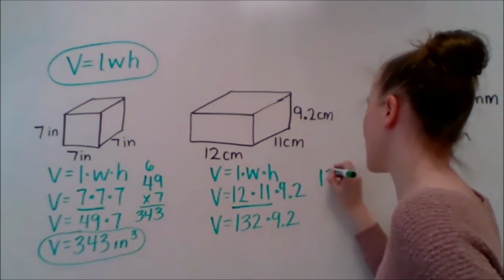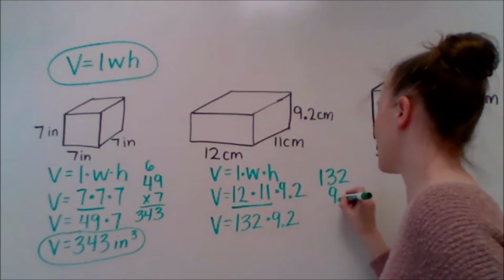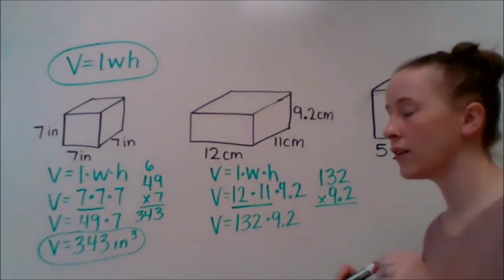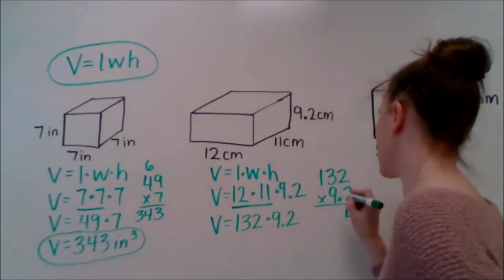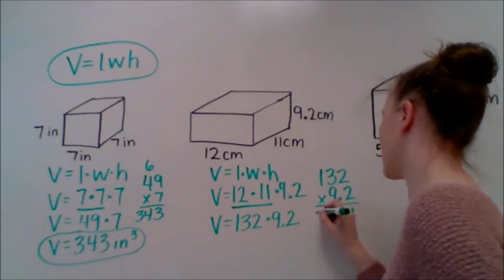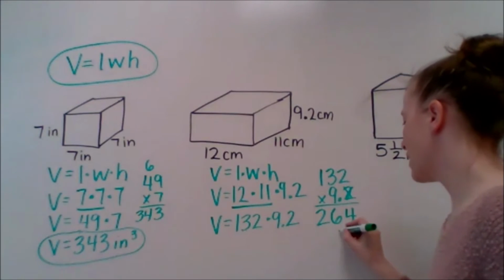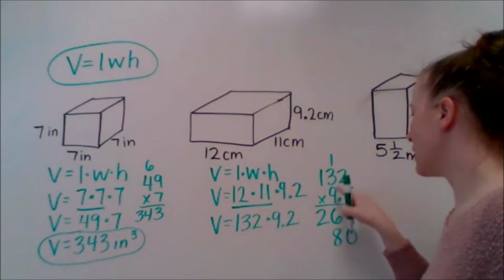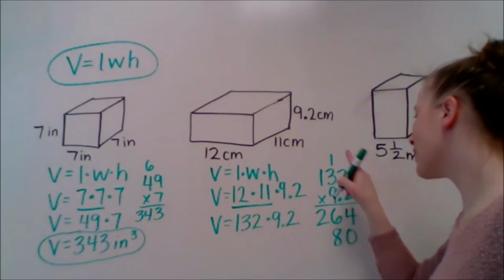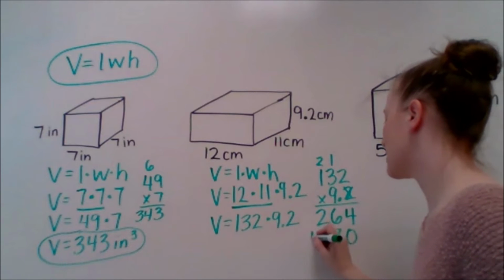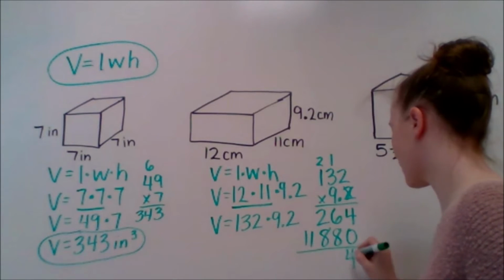I put the longer number on top, 132, with 9.2 down below, and I'm going to multiply. I ignore the decimal until the very end. So 2 times 2 is 4, 2 times 3 is 6, and 2 times 1 is 2. I'm done with the 2. I put a placeholder 0. 9 times 2 is 18. 9 times 3 is 27, plus 1 is 28. And 9 times 1 is 9, plus 2 is 11. I'm going to add these up.